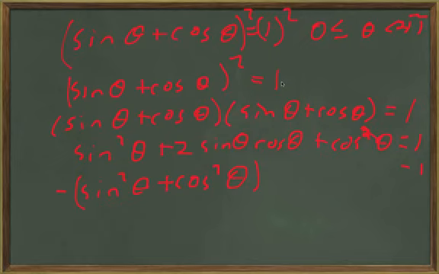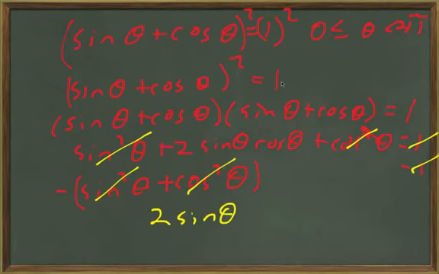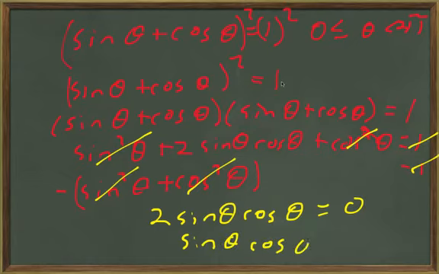And so therefore, the sine squared and cosine squared terms cancel, leaving us with 2 sine theta cosine theta equals 0. Divide by 2, that gives us sine theta cosine theta still equaling 0. So therefore, sine theta is equal to 0, or cosine theta is equal to 0.